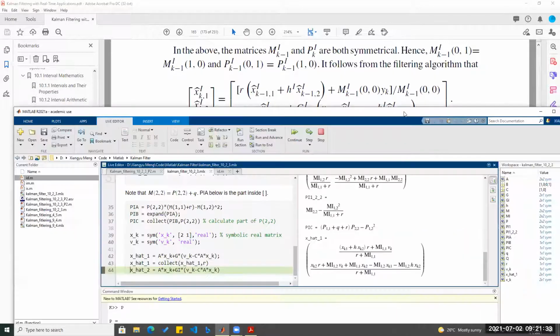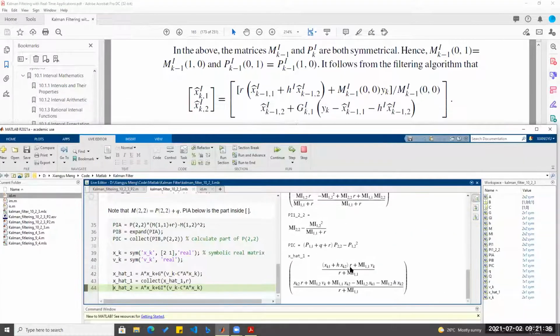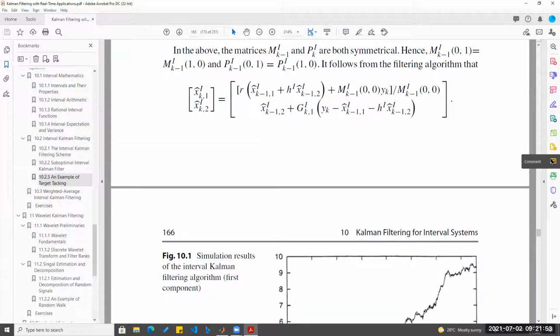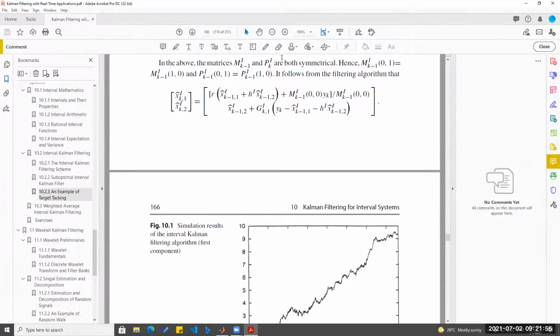Then you see we have here R times MK1 plus HMK2 plus MBK. I think here's a typo. It's not yk, it's vk. Then divide here, I think it's another mistake. Okay, so let me correct it.